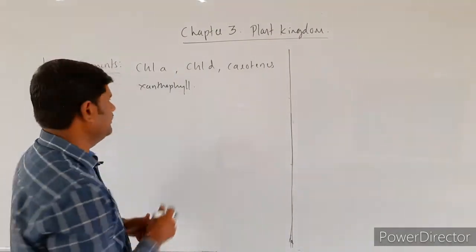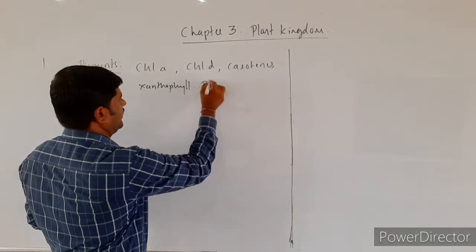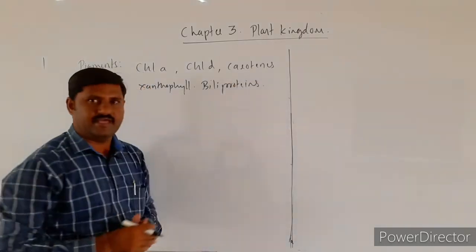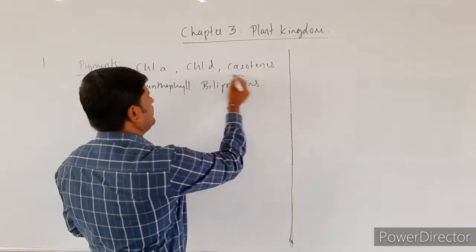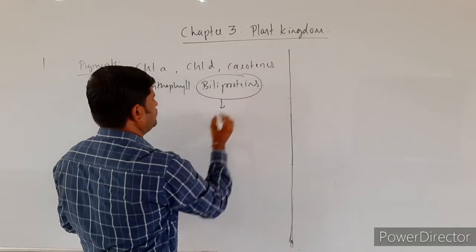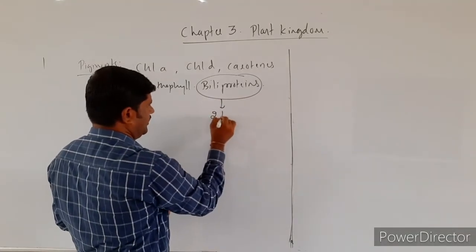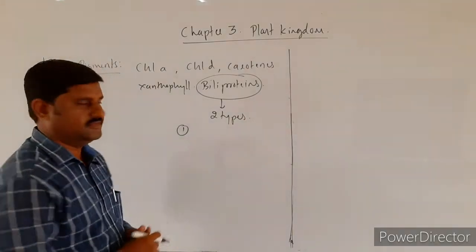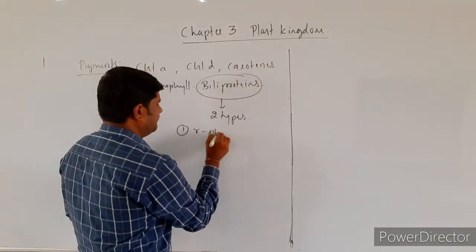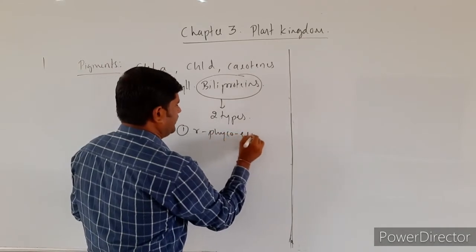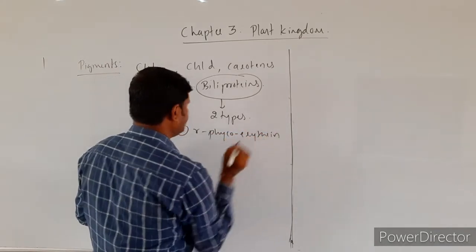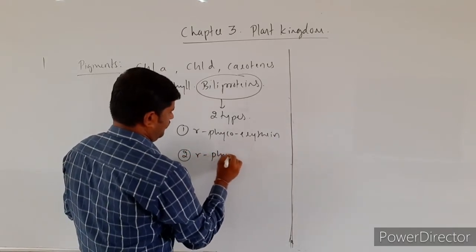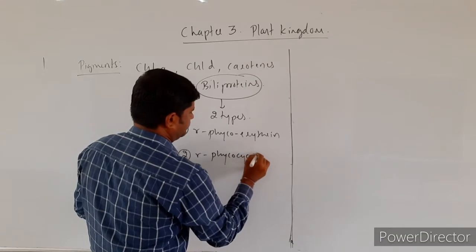Some of the bile proteins are also there, and these proteins are of two types, right? Number one, R-phycoerythrin, and the second one is R-phycocyanin.